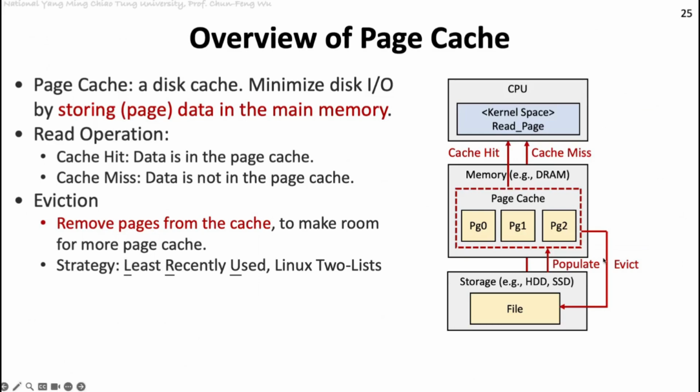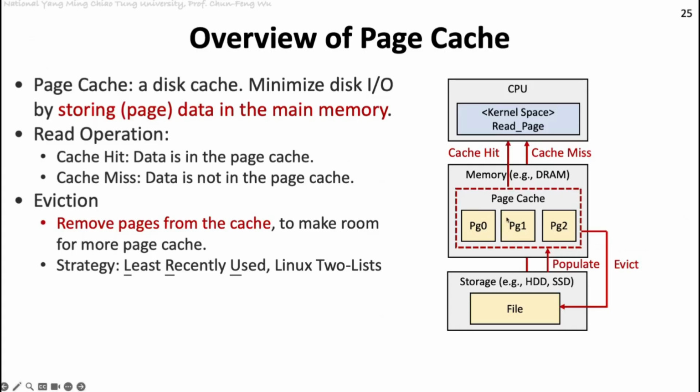One interesting thing is that the page cache is only for file data. If you still remember when we talked about the process, we have heap, we have stack. Heap and stack also use the same memory. So if you have too large a page cache, you will squeeze the room for the heap, because they are sharing the same memory.